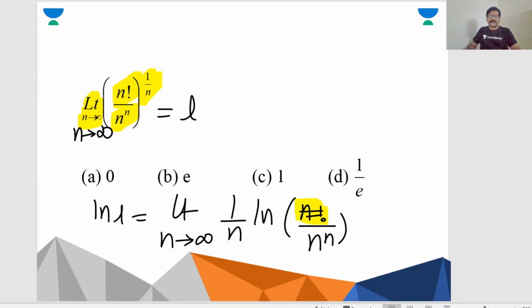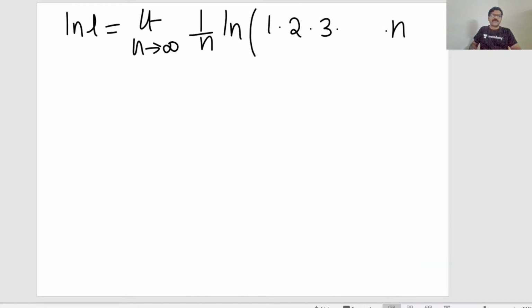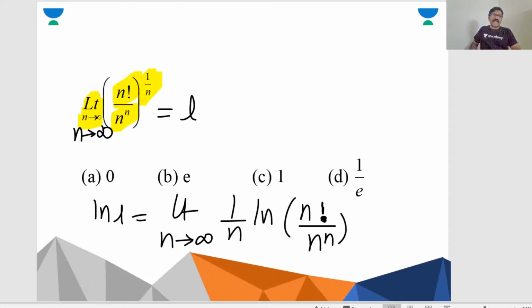Now n power n can be written as n multiplied with n till n times.